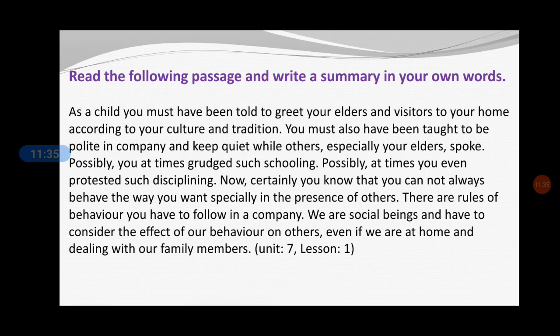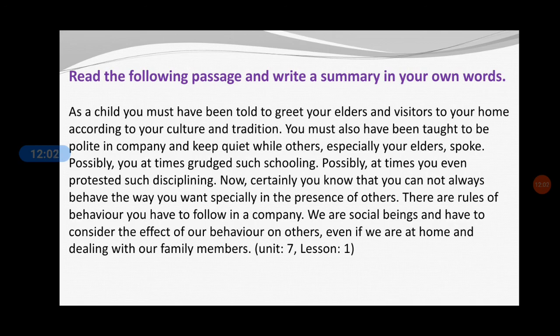Possibly, you at times grudged such schooling. Possibly, at times, you even protested such disciplining. Now, certainly, you know that you cannot always behave the way you want, especially in the presence of others. There are rules of behavior you have to follow in a company.